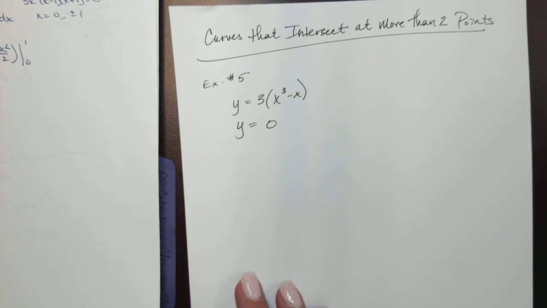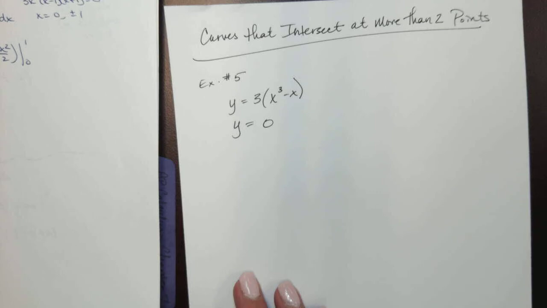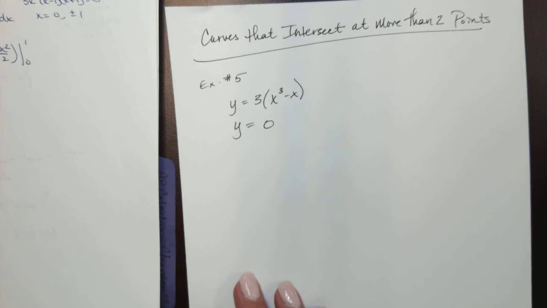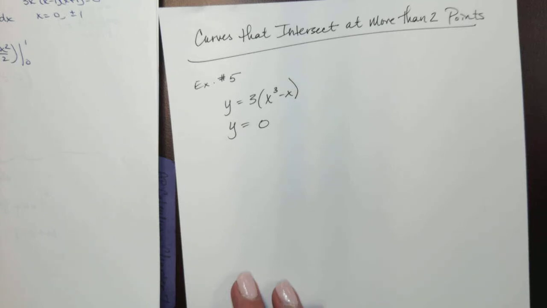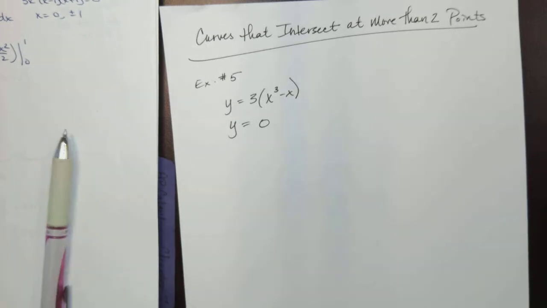Could we graph it using the steps that we learned in pre-cal? Yes. Could we graph it using the steps we learned in calculus, finding rel min, rel max? Yes. They would not expect you to graph something like this by hand on the test without a calculator. This would be a calculator question. So go ahead and graph this on your calculator.